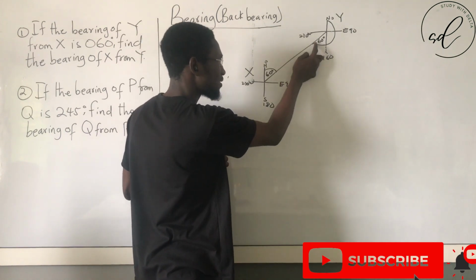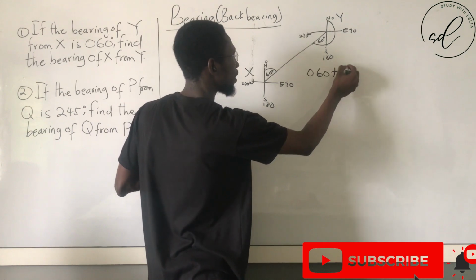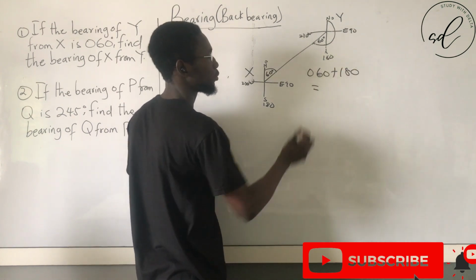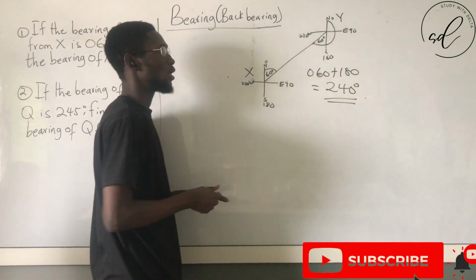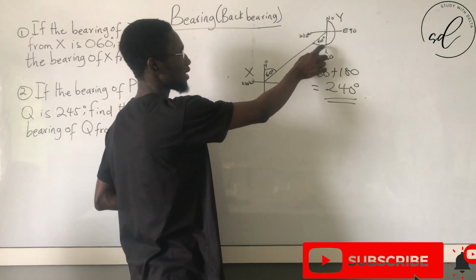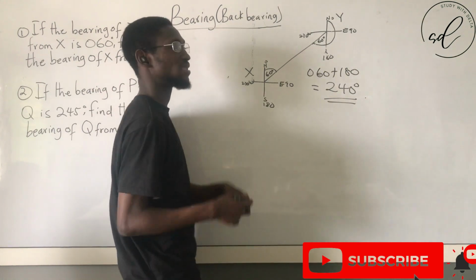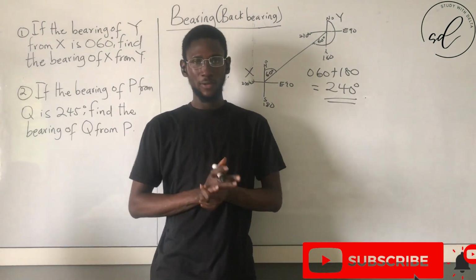So we just have to add 60 degrees to it. So I can say 60 degrees plus 180 will give me my answer, which is 240 degrees. From my north to my line, from here to here is 180. I just add this last bit to it, which is 60 degrees. So the answer to the first question is 240 degrees.